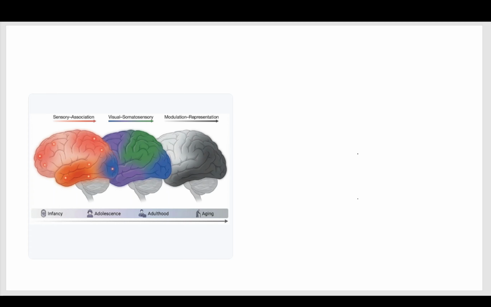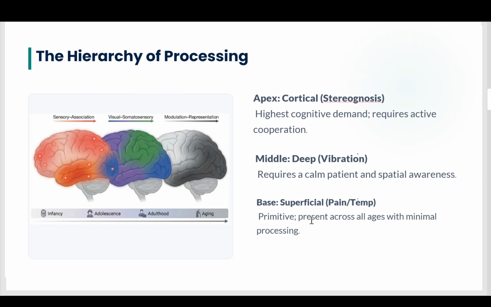So what sensations can be checked? The most basic ones are the superficial pain and temperature sensations, which are carried by the lateral spinothalamic tract. These sensations are present across all ages and require minimal processing, and through testing or by observation you can come to know the sensation part.